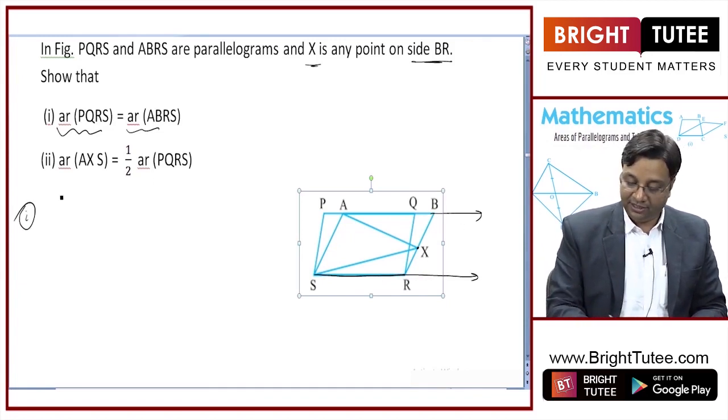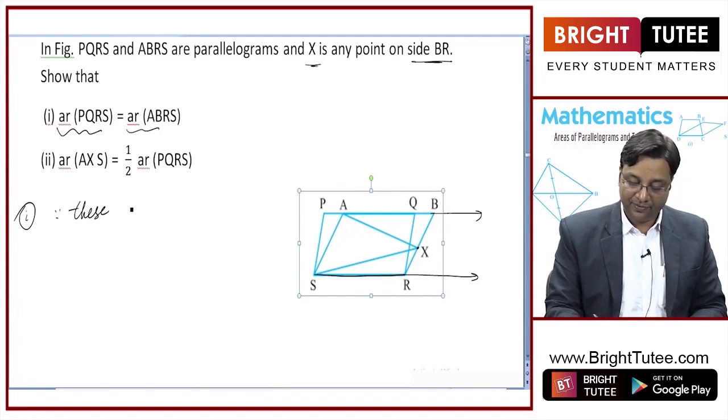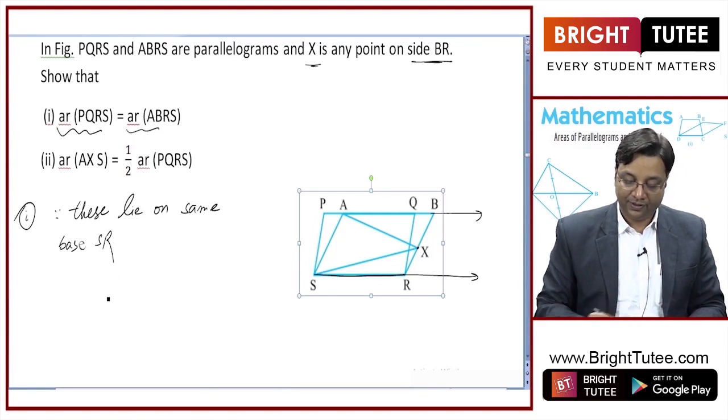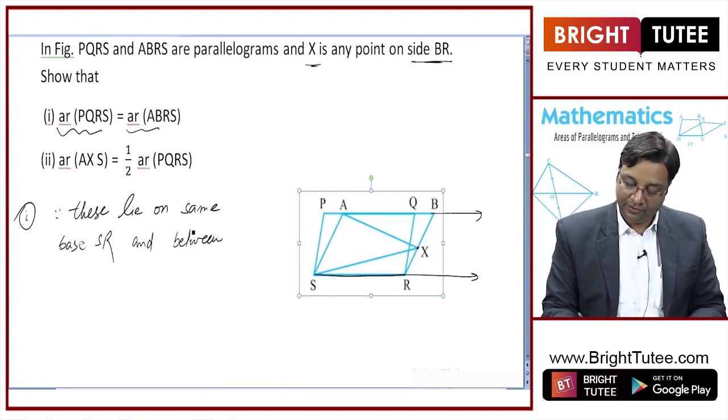First part is easy because these lie on same base SR and between same parallel lines SR and PB.